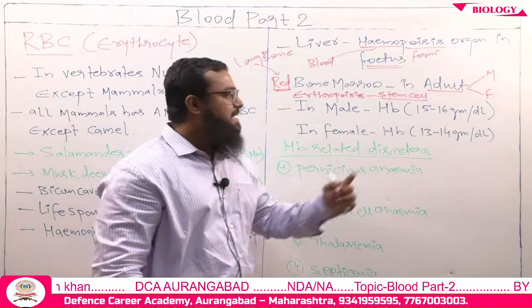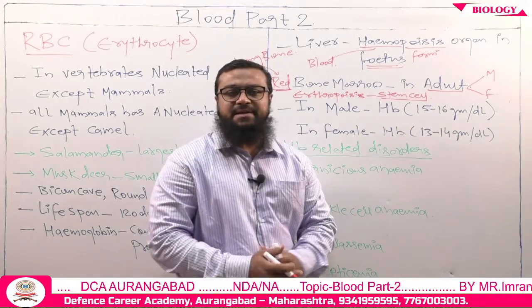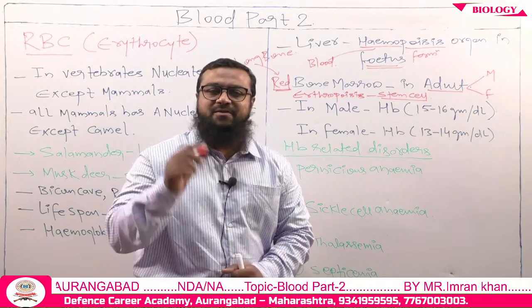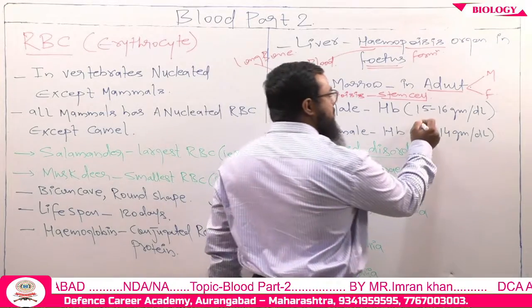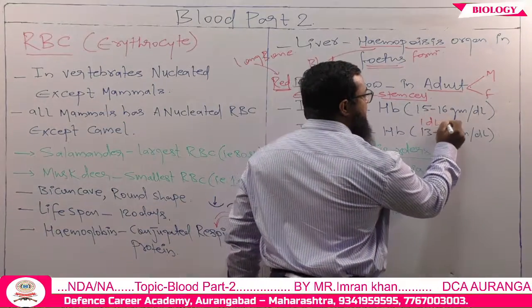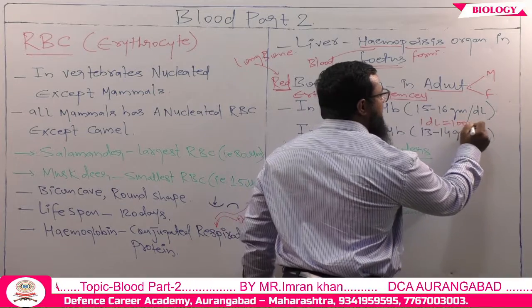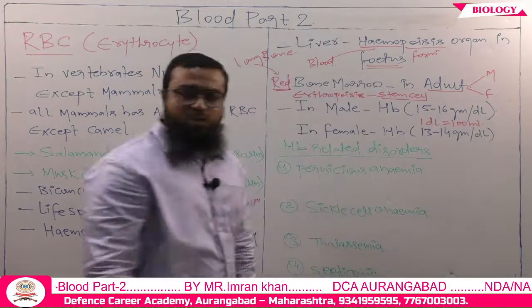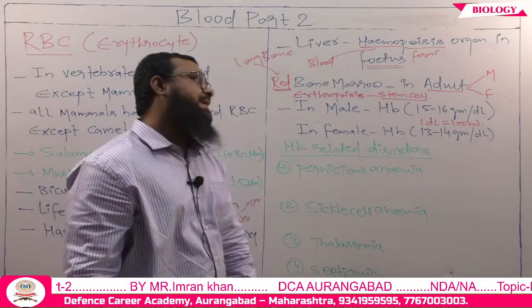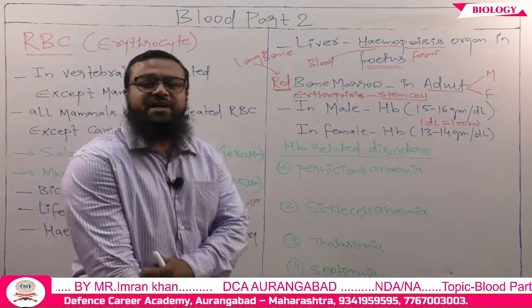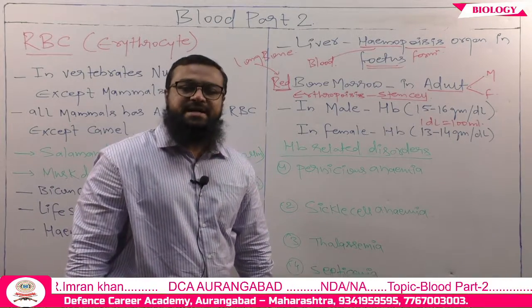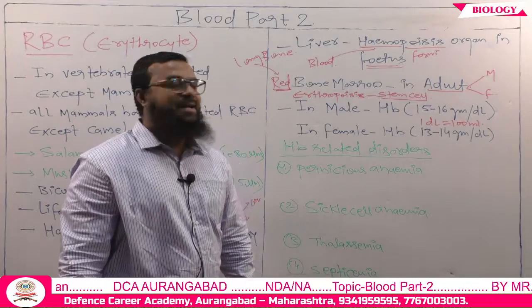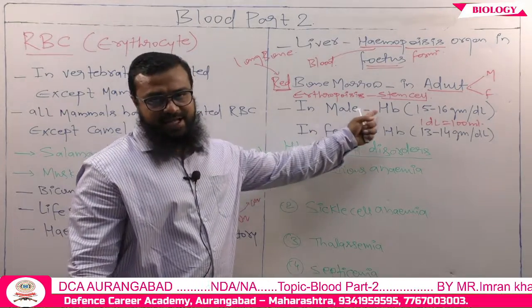What do you mean by deciliter? 1 deciliter is equal to 100 ml. Remember this thing. So 15 to 16 gram per deciliter is present in male HB.